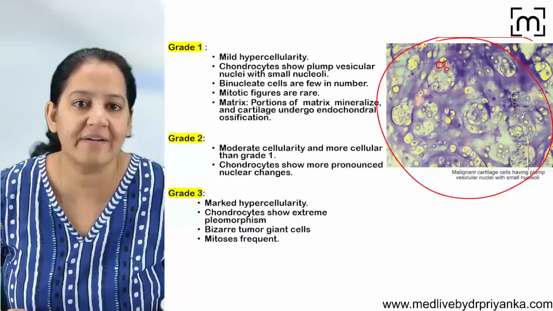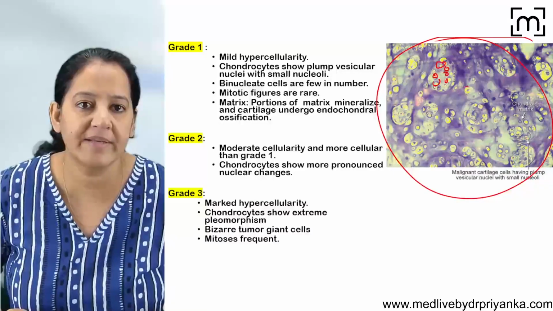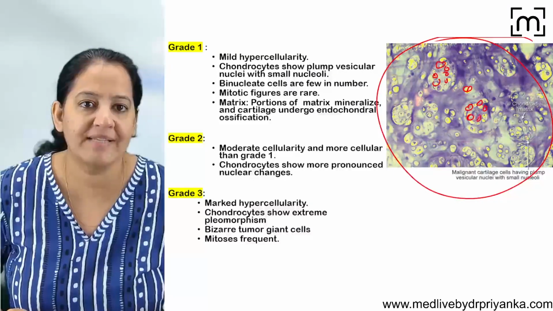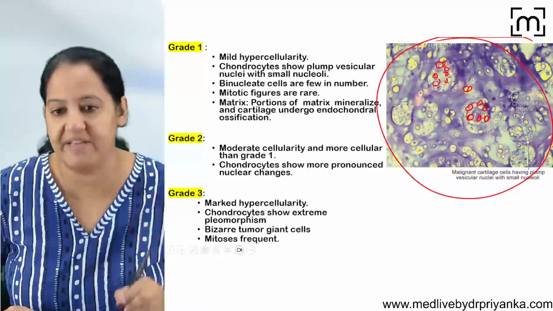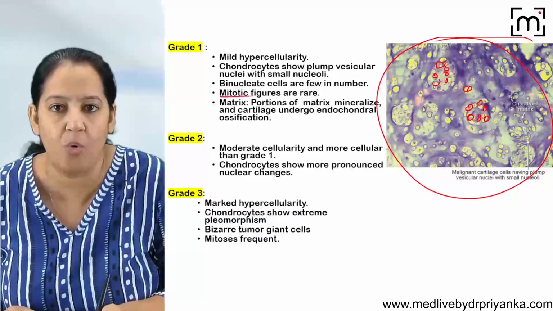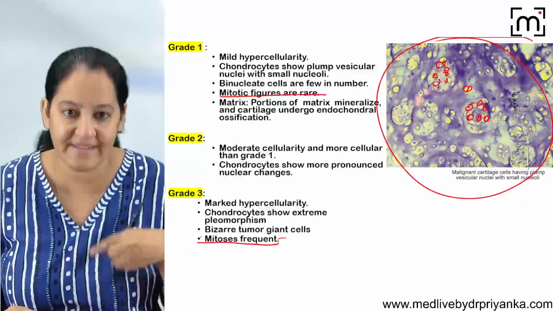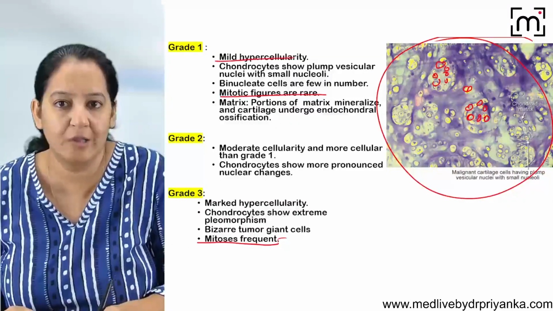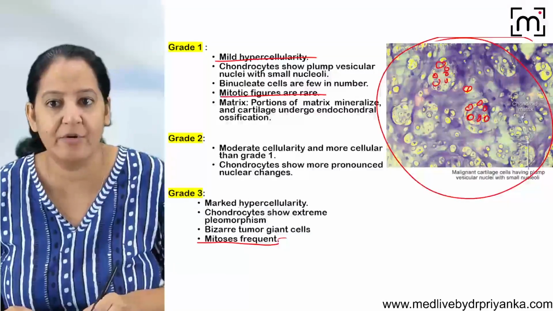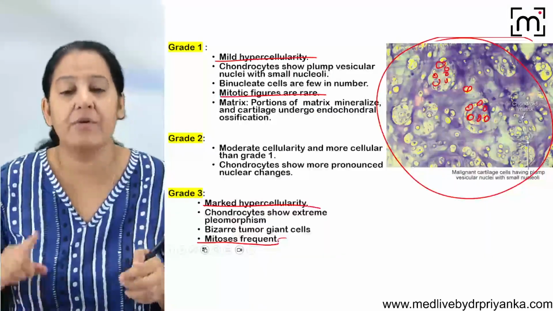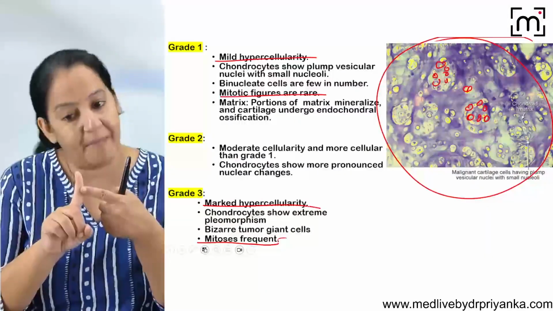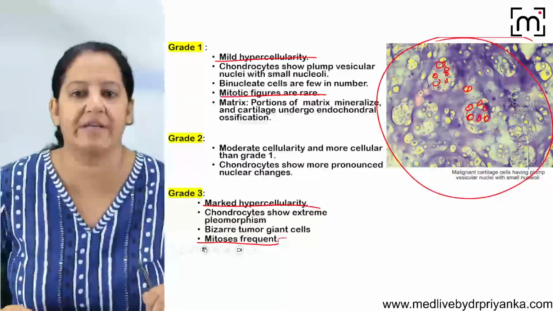Can you appreciate the cells are in clusters here? You can see all these cells are in clusters. Look at the mitotic activities of the cell. If the mitosis is low, it is grade 1. If mitosis is frequent, it's high grade. Look at the cellularity. If cellularity is low, it's grade 1. If cellularity is high, it's high grade. So you have to look for cellularity, you have to look at the mitosis, and if it is intermediate, it is grade 2.